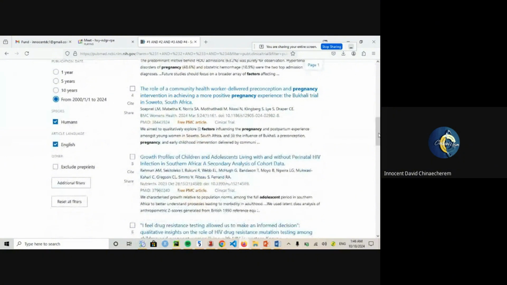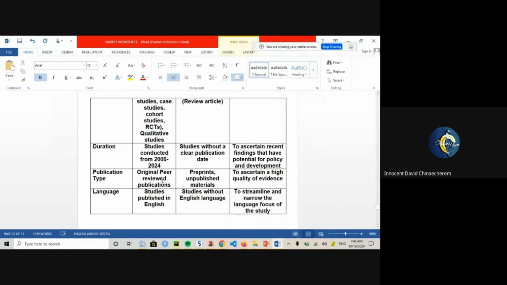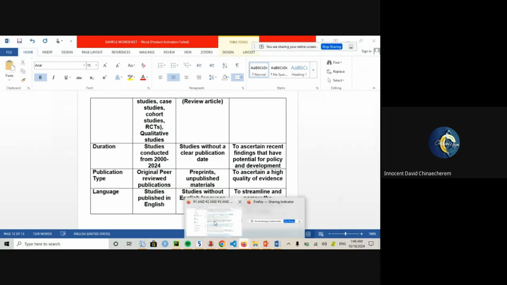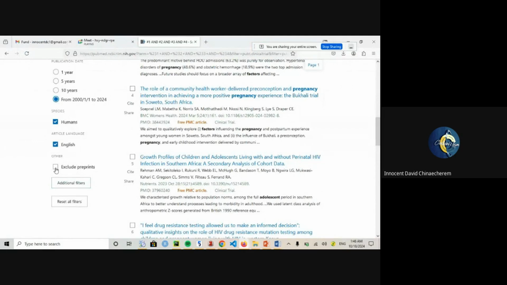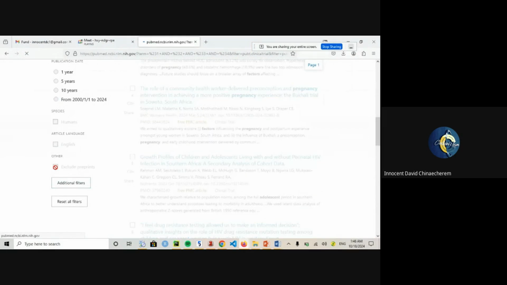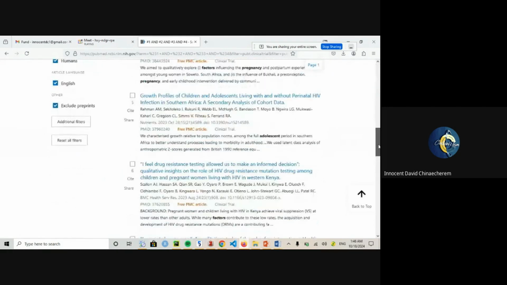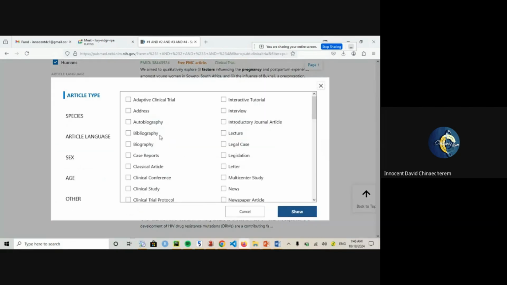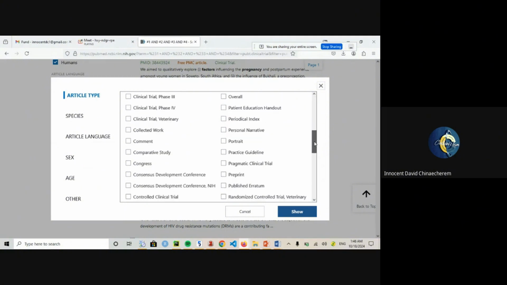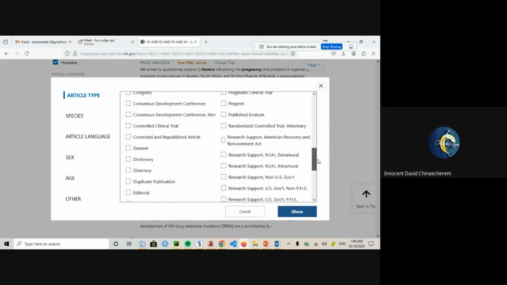But if you remember, we said in our criteria that we're going to exclude preprints. So that means we're also going to come here, hover around there, and click on exclude preprint. It's mentioned. Now, we've got other additional filters that we can also add. Maybe we're interested in other things that we really need to study.